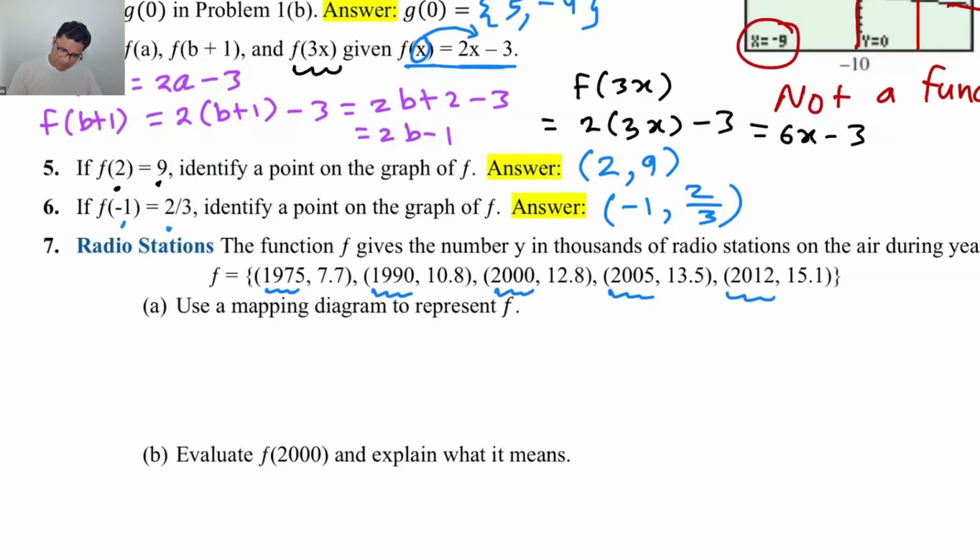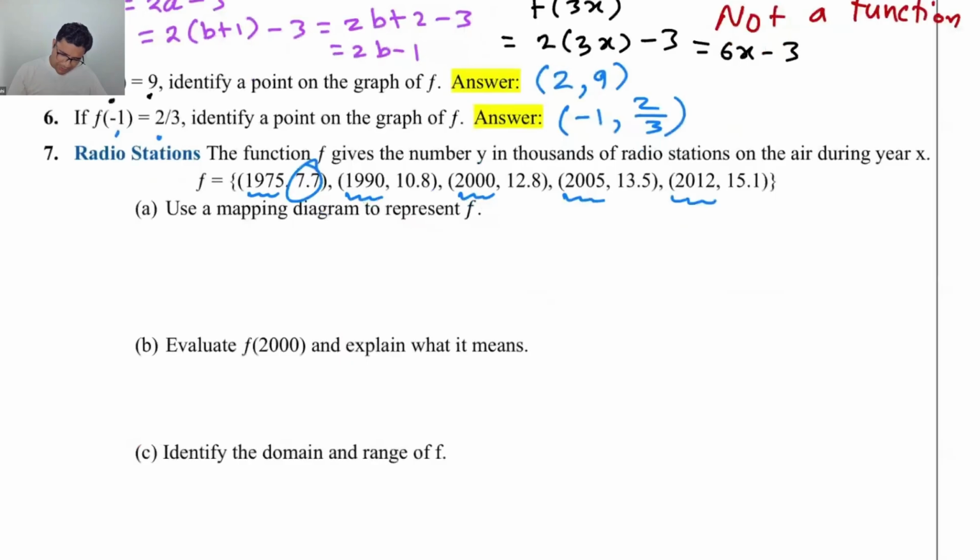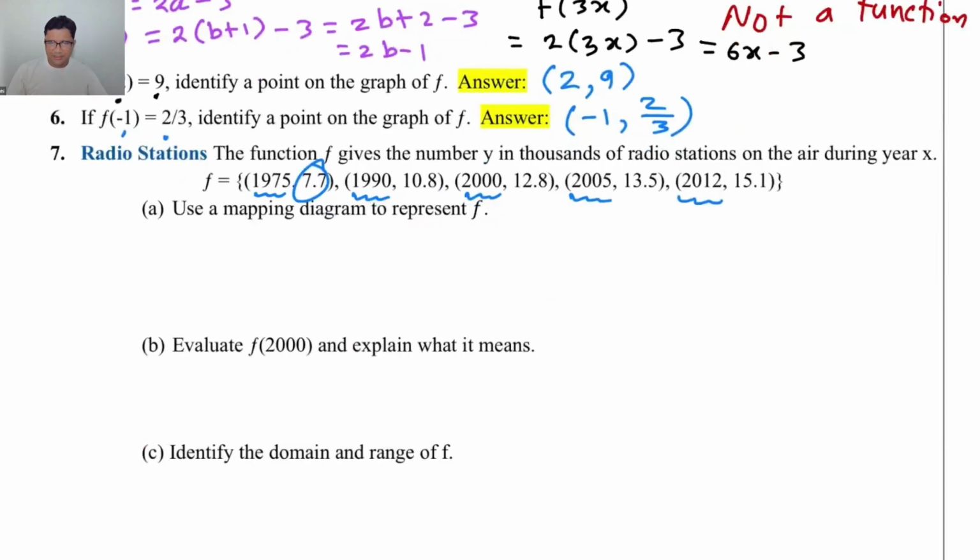And the y values are the number of radio stations in thousands. Okay, so 7.7 here means 7.7 thousand radio stations. Okay, it's in a country, in the US. Use the mapping diagram to represent f.